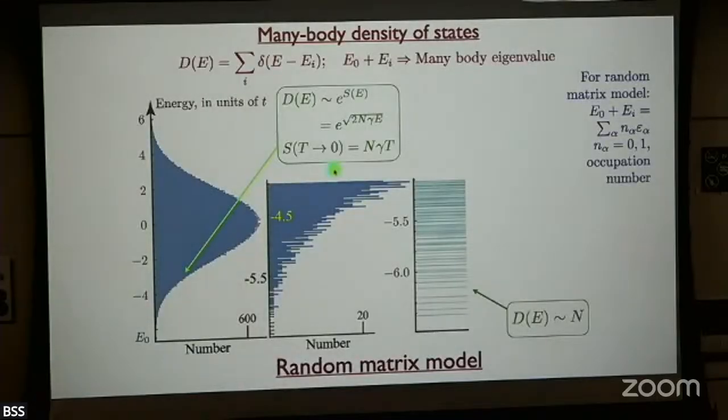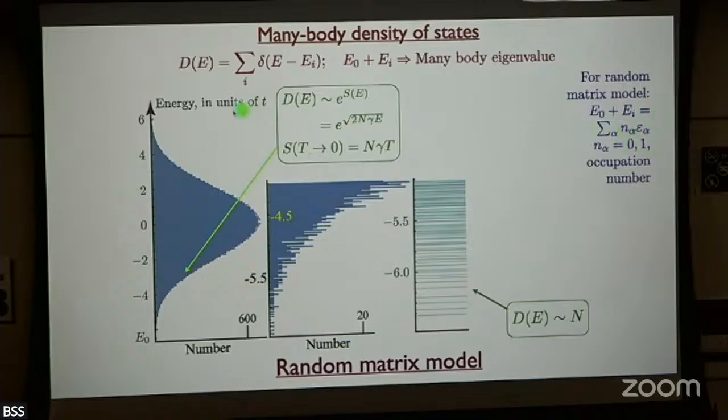So what are the energy levels of the many-body system? Well, you have a binary variable. I'm working in the grand canonical picture, n alpha for each energy level, and that can be 0 or 1. So there are N energy levels, so there's 2 to the N many-body levels, and their density of states I call capital D of E. Okay, so what I plotted before was the density of states of little e.